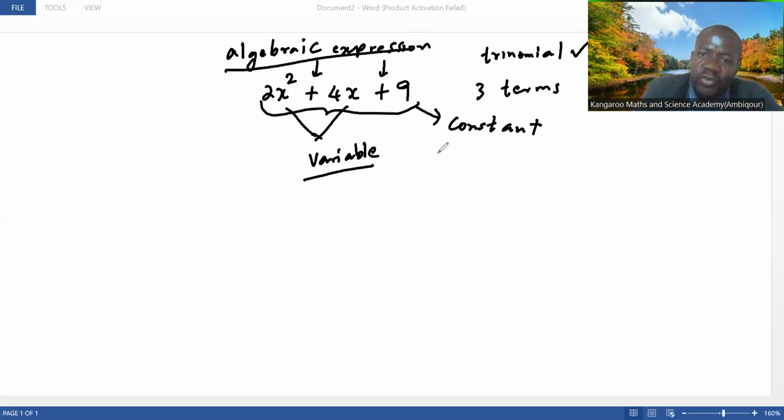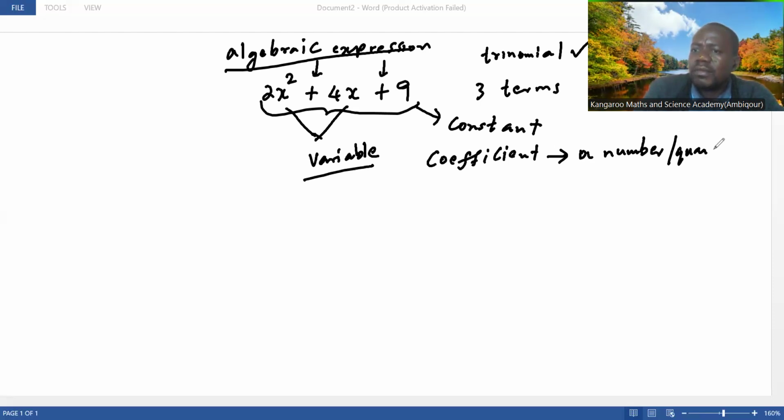Which means when we are talking about a coefficient, we're referring to a number or a quantity that comes before a variable.